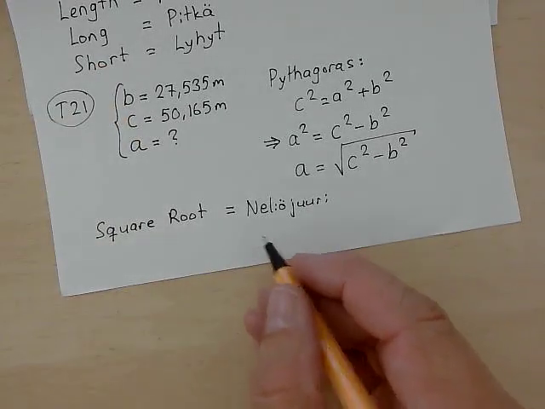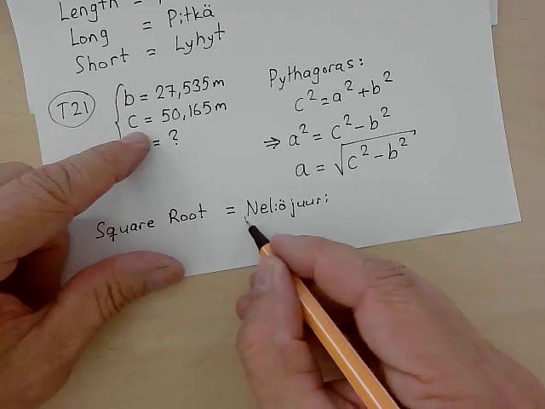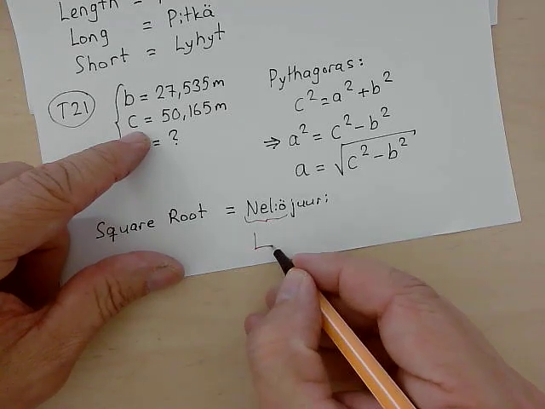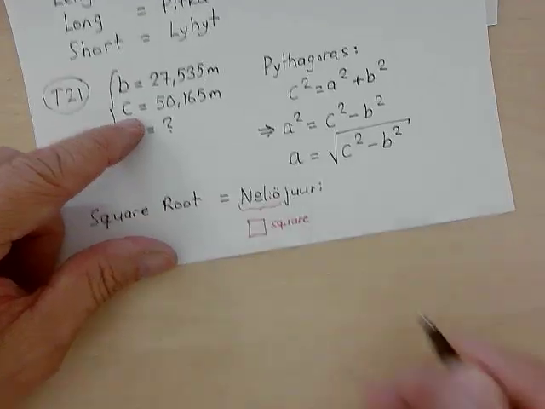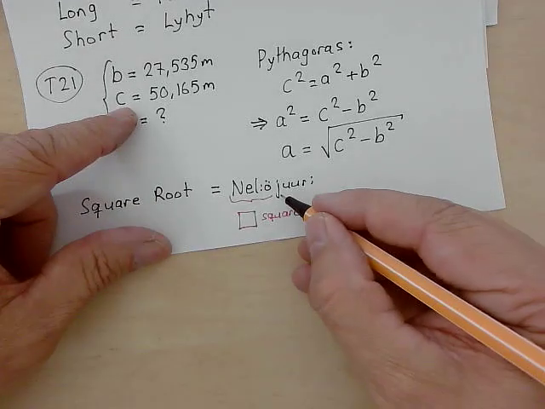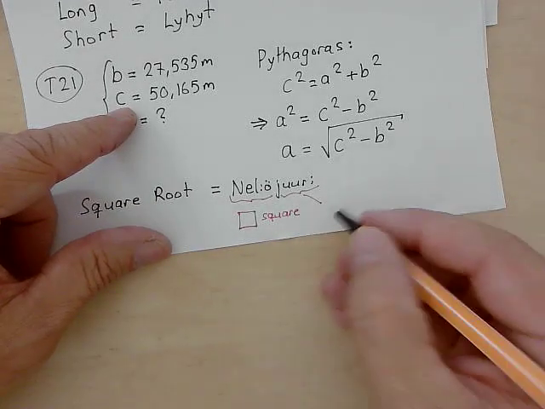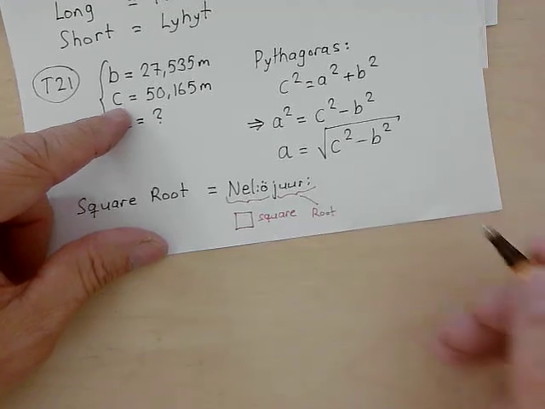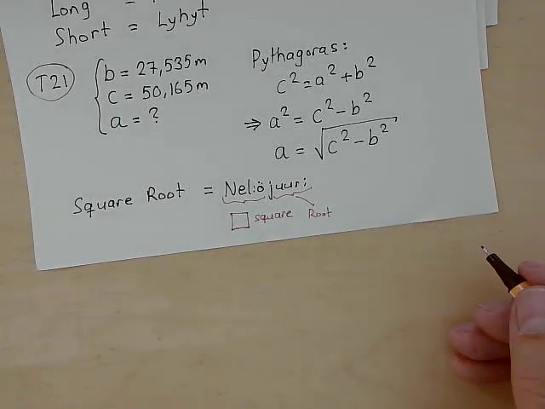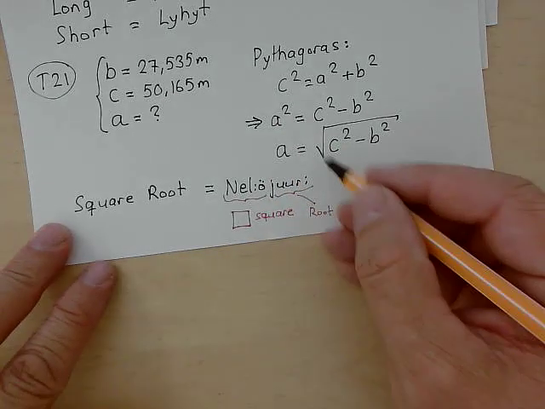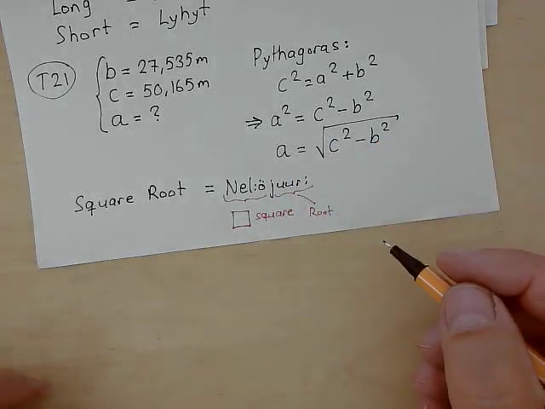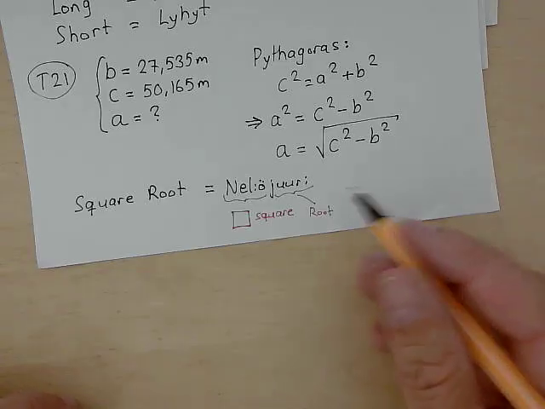No, this means square and this is root. In Finnish, it also means the same as in English. Root. In this case, it means this sign here, the root sign.